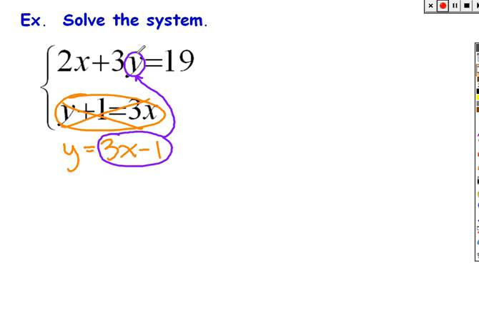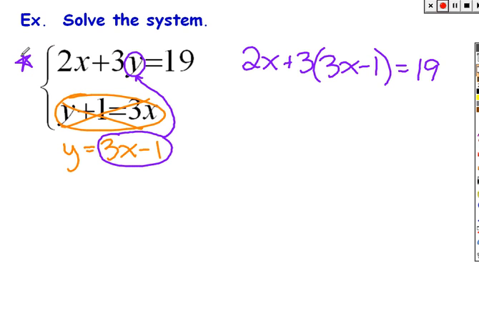Then the second step is I'd need to rewrite that equation. So my first equation would now read, 2x plus 3 times y. Well, what is y equivalent to? y is equivalent to 3x minus 1. So there's my substitution, and all of this equals 19. So I've just rewritten that first equation with 3x minus 1 substituted in for y.